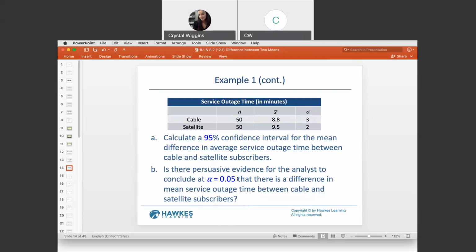Is there persuasive evidence for the analyst to conclude at a 0.05 alpha level that there is a difference between the mean service outage times when referencing cable and satellite? So first we're going to do a confidence interval, and then we're going to run a hypothesis test. So let's do the confidence interval first.